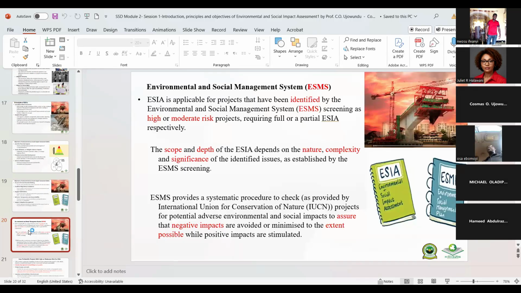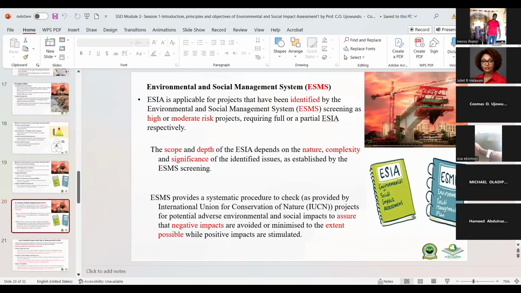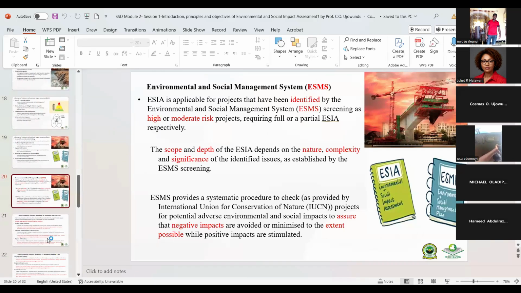It helps to identify the project scope and depth of your project, and that will depend on the nature, complexity and significance of your project. The nature of your project will help in its classification. And it is this screening process that will help you to do proper classification of your project into low, high or moderate risk category.